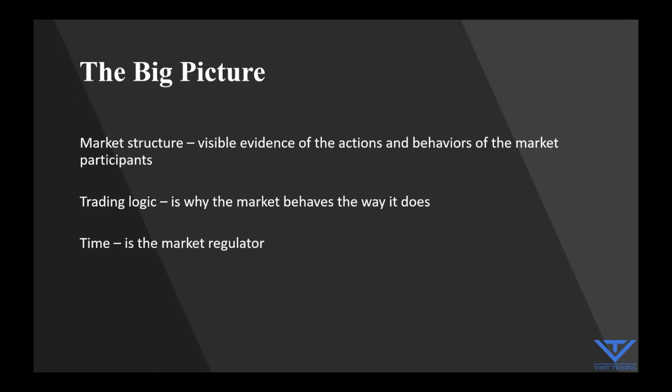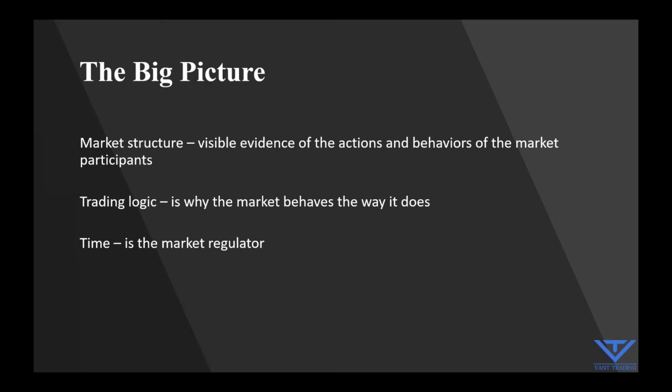So the big picture, market structure, is nothing more than visible evidence of the actions and behaviors of the market participants. So all you're doing when you're looking at the market is looking at evidence of what the actions are of the participants.